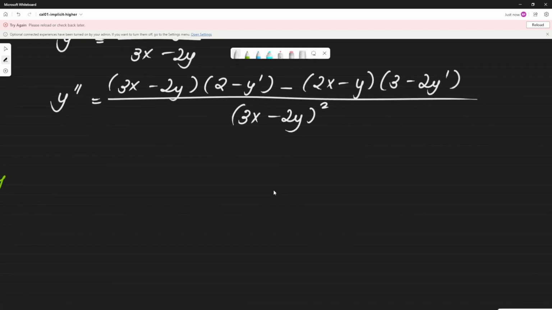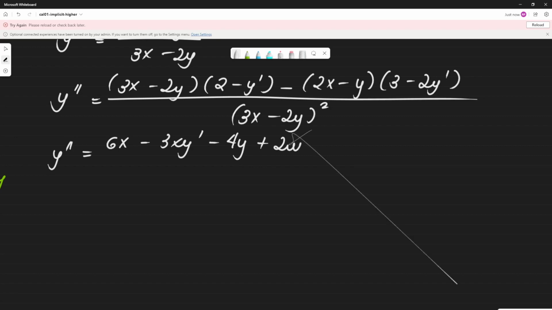Okay, so we'll have, simplify lang natin, y double prime is equal to 6x, then negative 3xy prime, then negative 4y, then positive 2y, y prime.